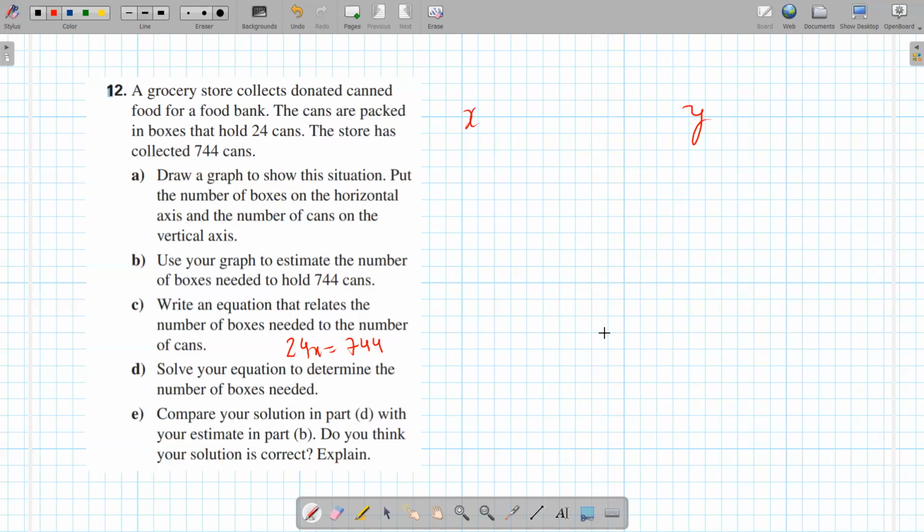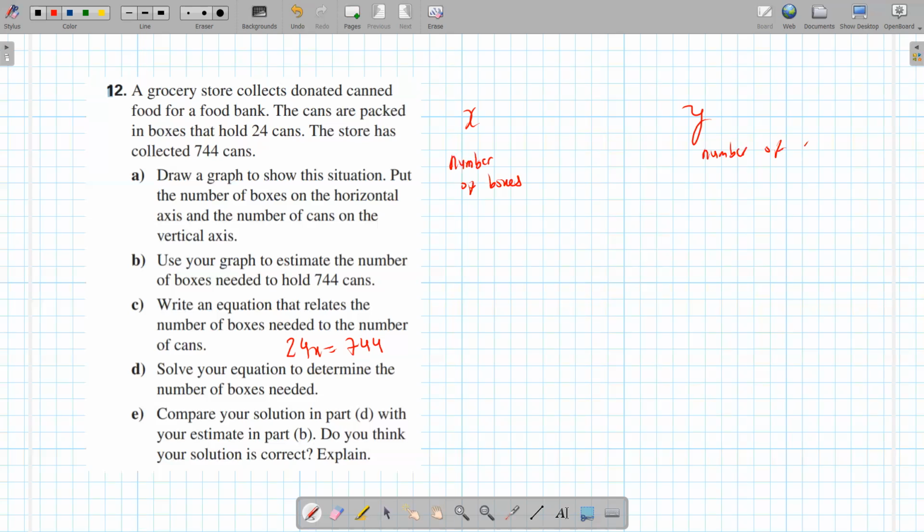The independent variable is the number of boxes. What is the dependent variable? What is 744? The cans. So the dependent variable is the number of cans.